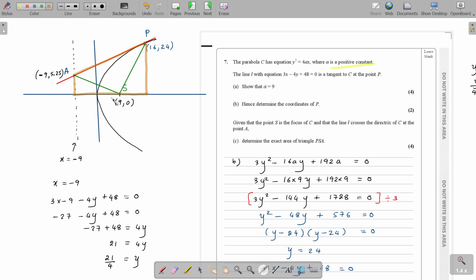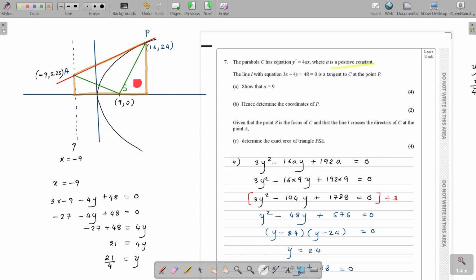Because we do not know any of the angles, to use even half ab sin C, you'd have to find the angle. So rather than going in that direction, the easiest thing here is to take a trapezium and subtract these two right angle triangles, because we know the base and heights of these two right angles very clearly.